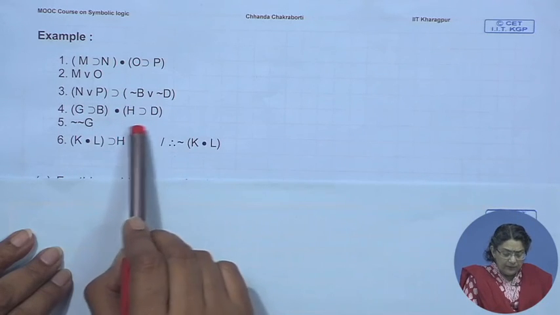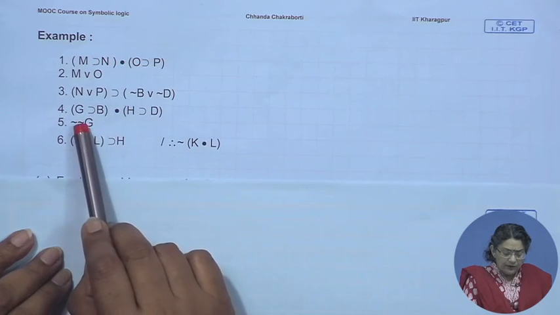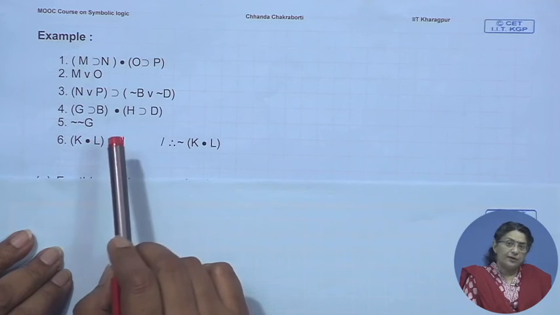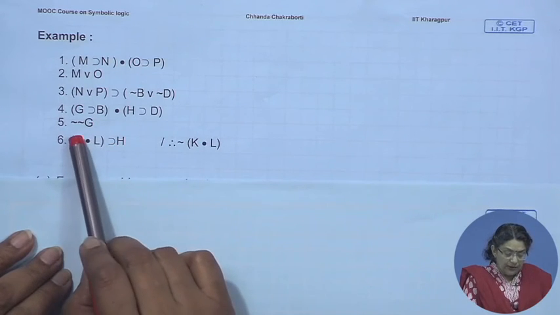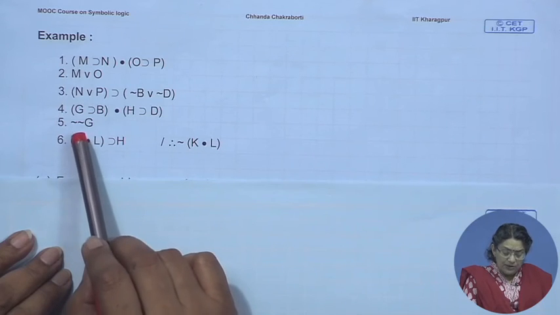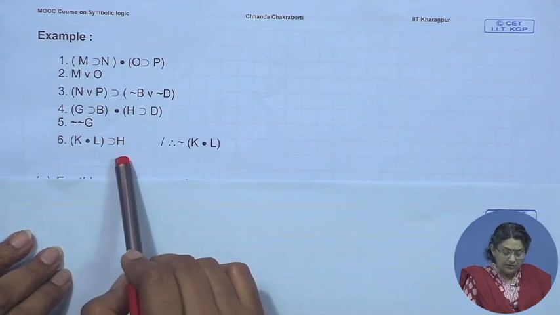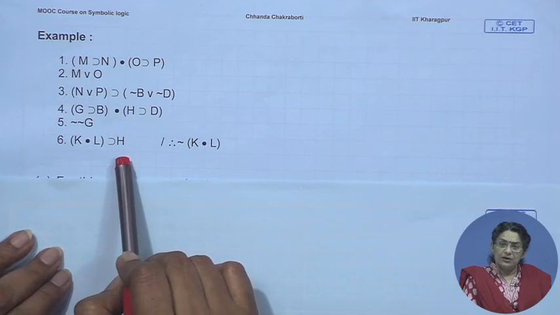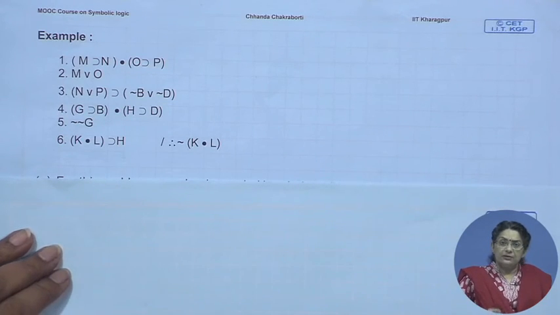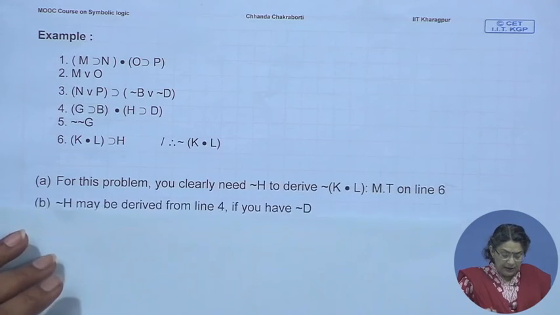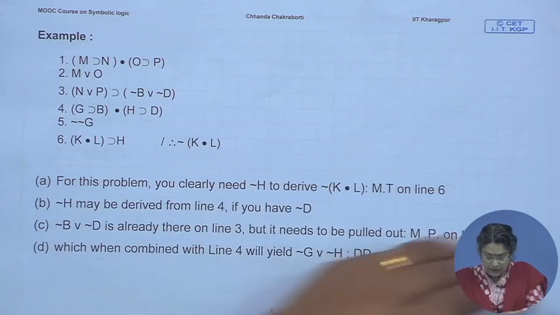And then if you can plug that into line number 4, it will give you not G or not H, provided you know which rule to use, and you have not G. Once you have used not G or not H, you are going to have not H.